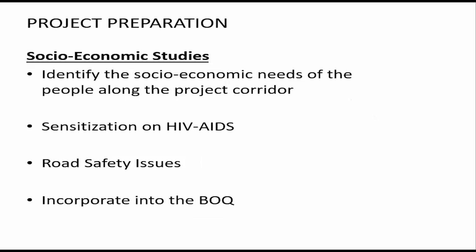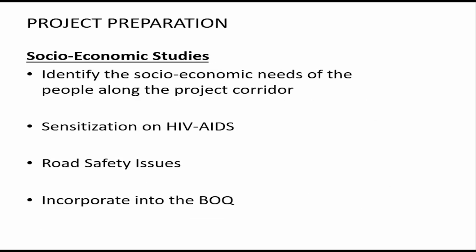Then, like we said earlier, a project is technical, financial, and socioeconomic in nature. So here you need to do the socioeconomic studies. That is to identify economic needs of people along the project corridor.